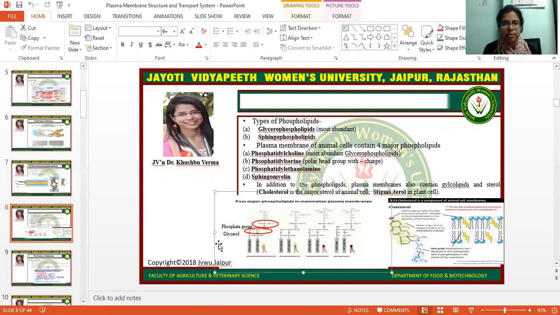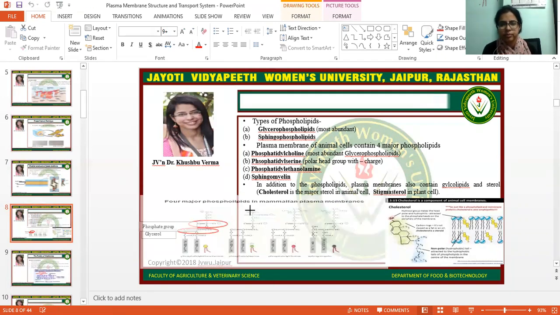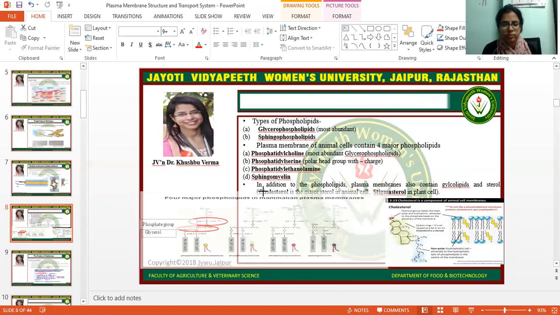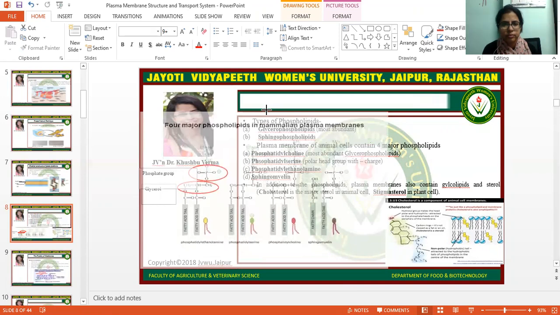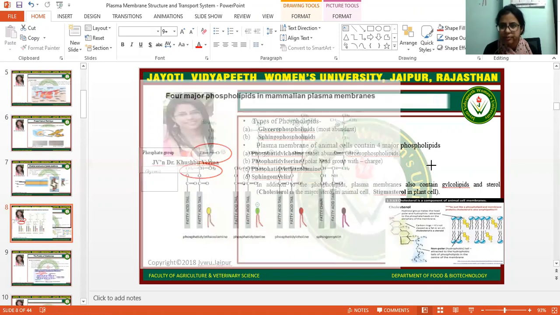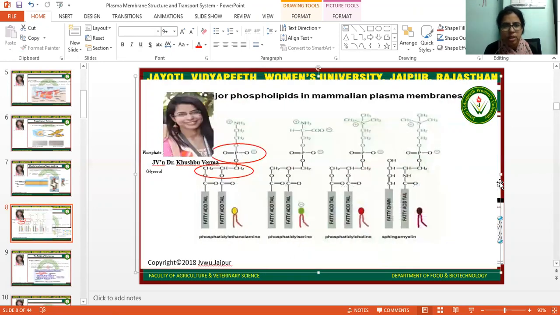And here you can simply see the structure of all four phospholipids. Here I am sharing the structure in detail.